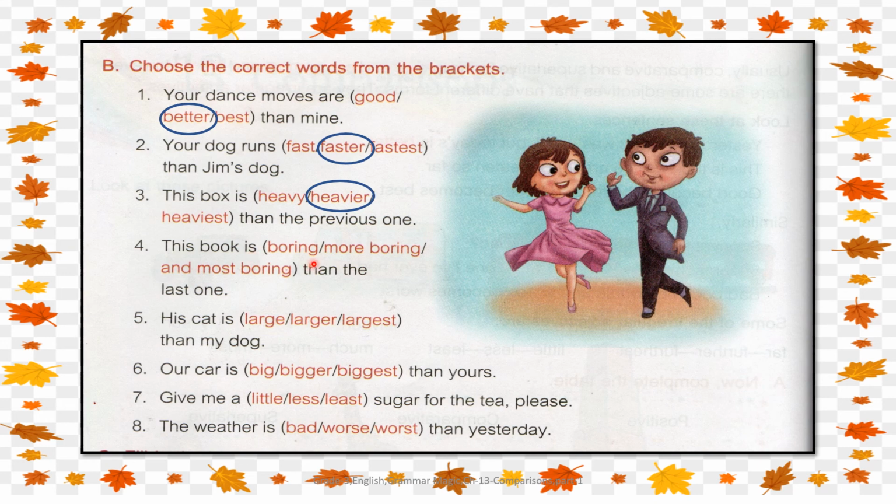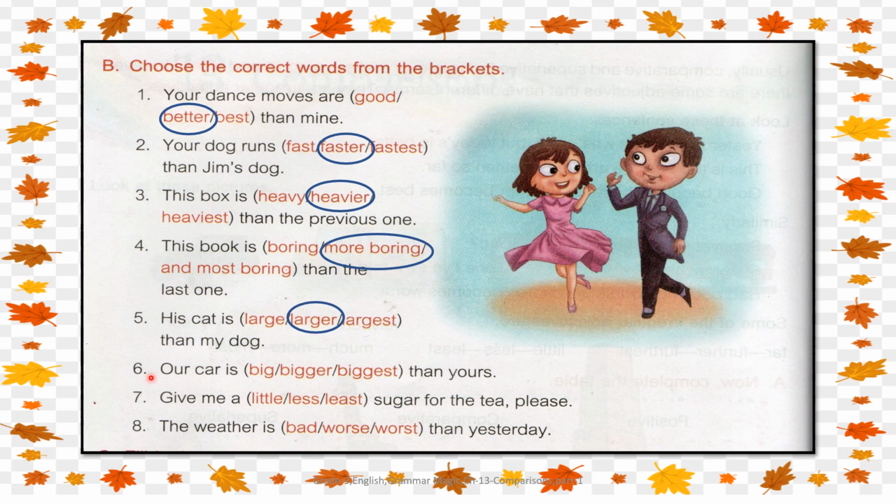This book is boring, more boring, or most boring. Here again than is given, but boring is positive, more boring is comparative, and most boring is superlative. So we will use more boring. First one, his cat is large, larger, largest than my dog.